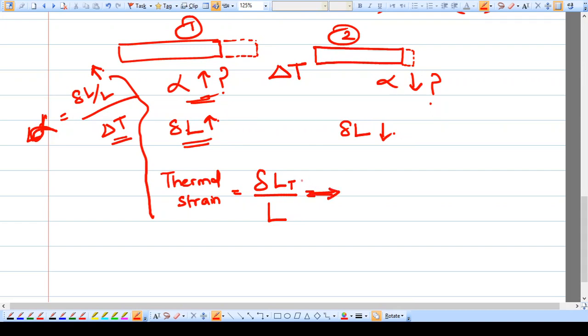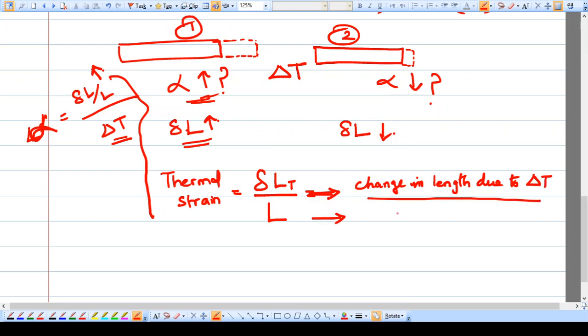This delta LT is the change in length due to the temperature change, and the denominator L is the original or initial length.